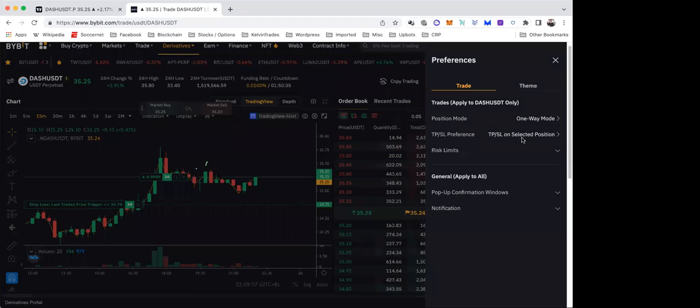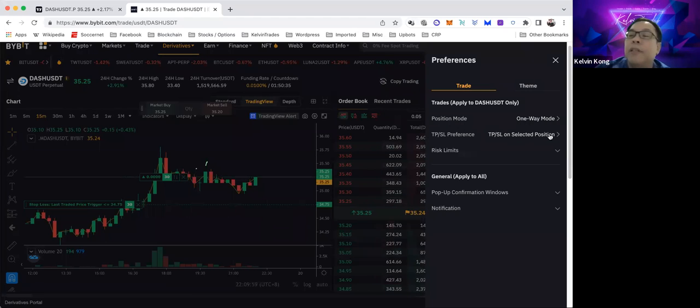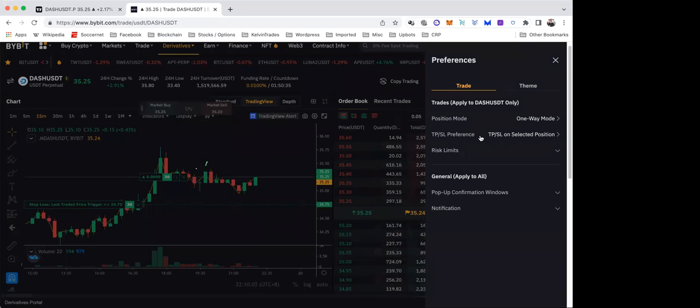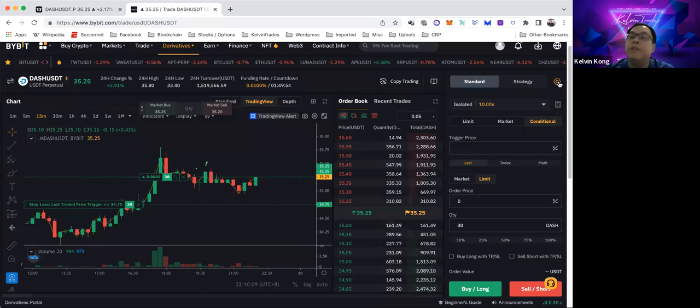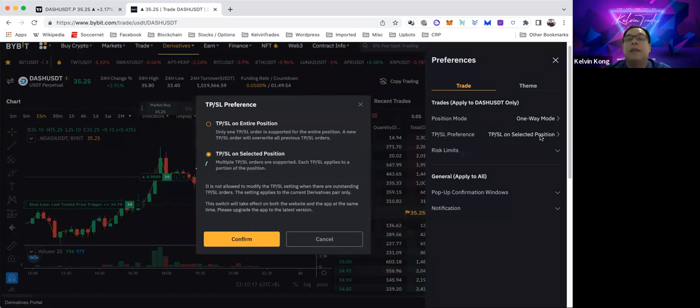Yes, confirm. Then what about this? Is it on selected position? Ayo, that one is wrong. Okay, I change now. I don't think you can change. Okay, try to see whether I can change or not. Yes, it is not allowed to modify when they are outstanding. So you cannot modify.